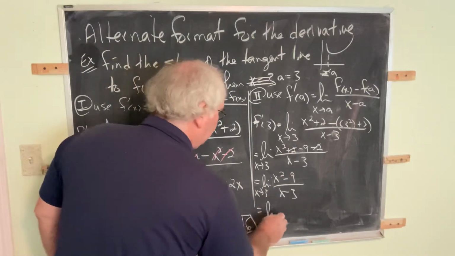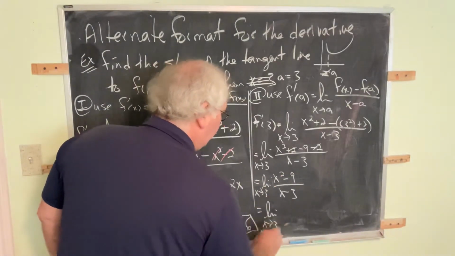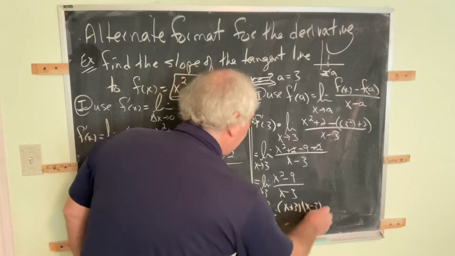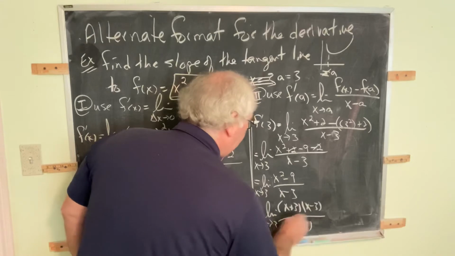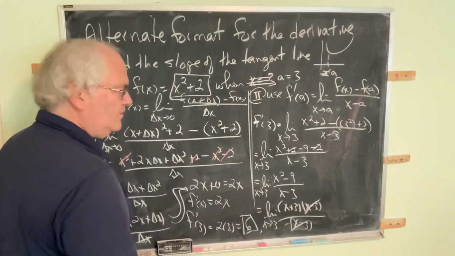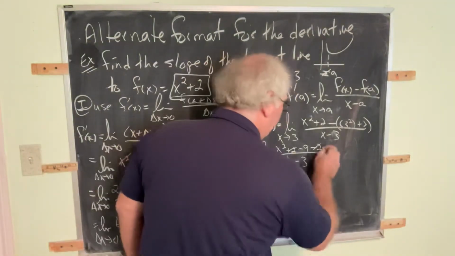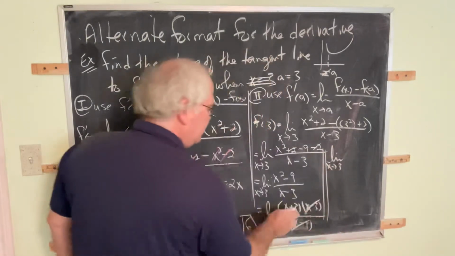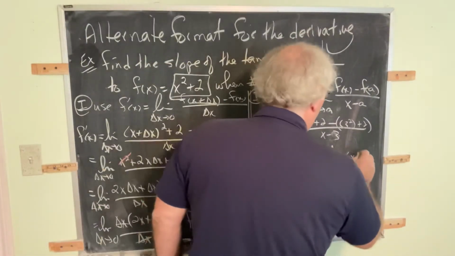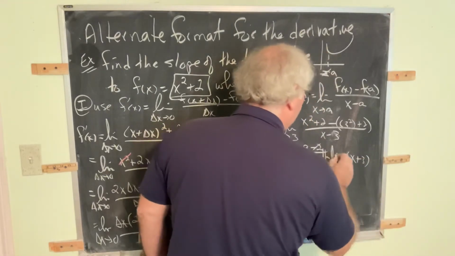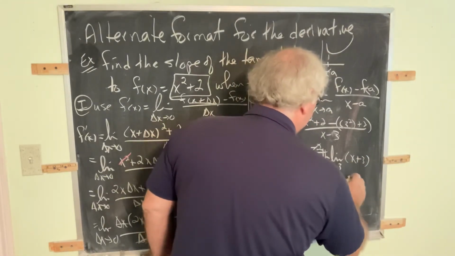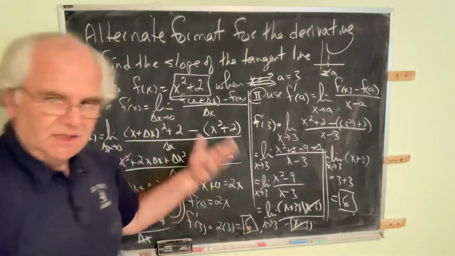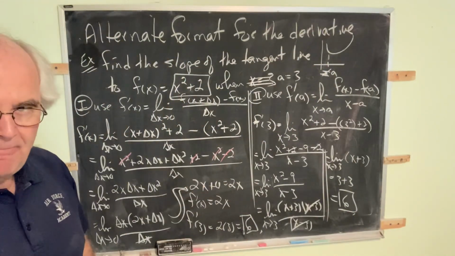So this is equal to the limit as x goes to 3 of x plus 3 times x minus 3 over x minus 3, and they cancel. And we're coming down the home stretch. This is the limit as x goes to 3 of simply x plus 3, which is 3 plus 3, which is 6, which is what we thought it better have been. All right?